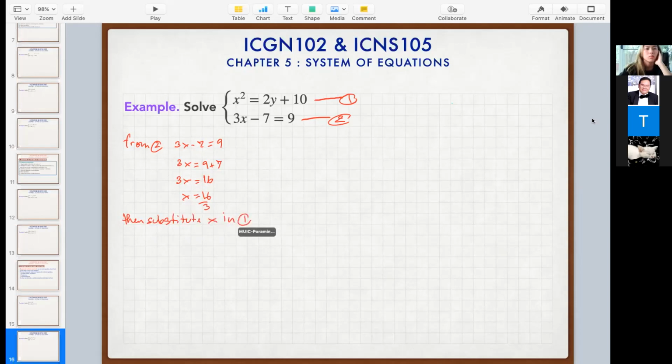We get 16 over 3 squared equals 2y plus 10. Then we get 256 over 9 equals 2y plus 10. Then we multiply 9 on both sides. We get 256 equals 18y plus 90.